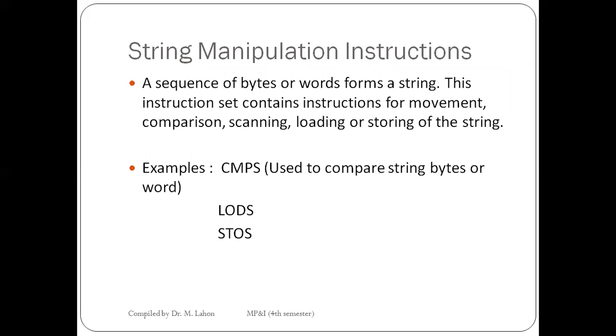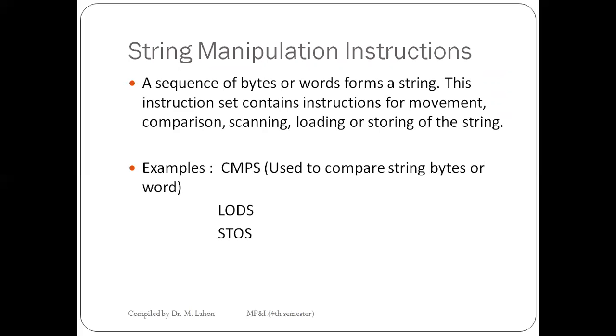String manipulation instructions are instructions which help you to manipulate the strings. They contain the instructions for moving or comparing strings or scanning, loading, or storing the strings. These are some examples.